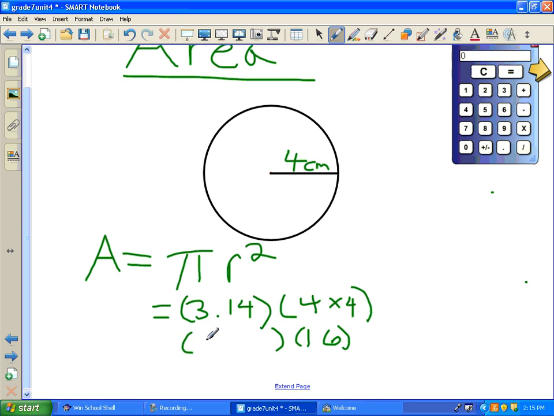And we've got the pi right there. Now all we've got left to do is go 3.14 times 16. The answer is 50.24. And that would be in centimeters squared.